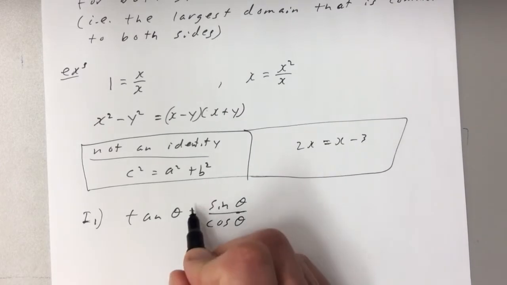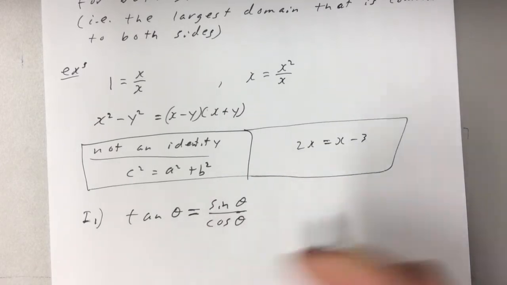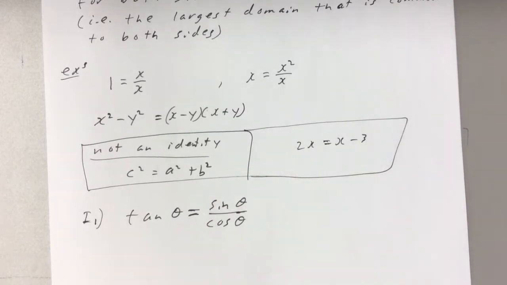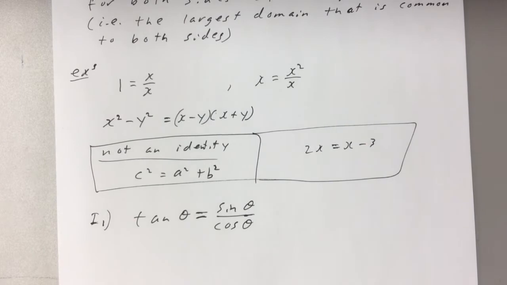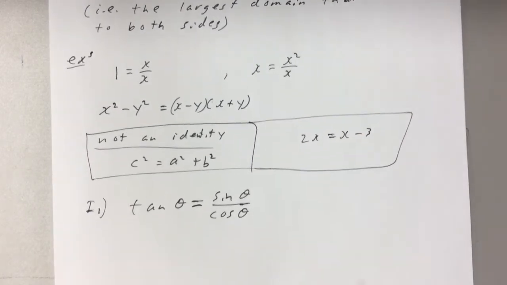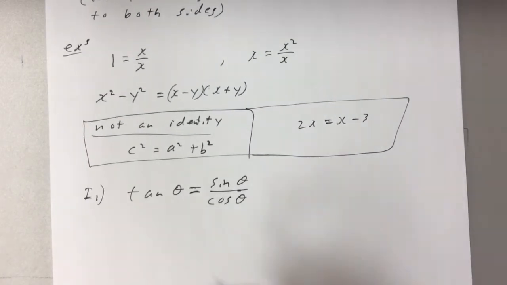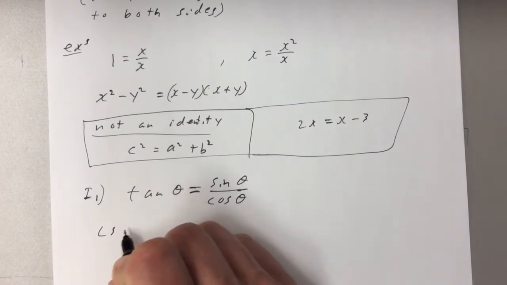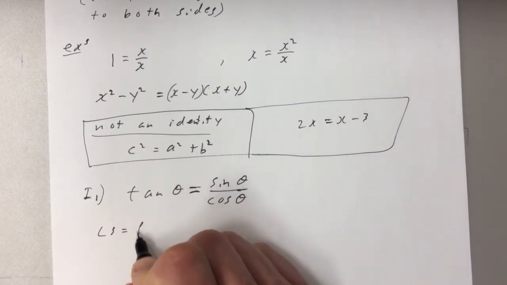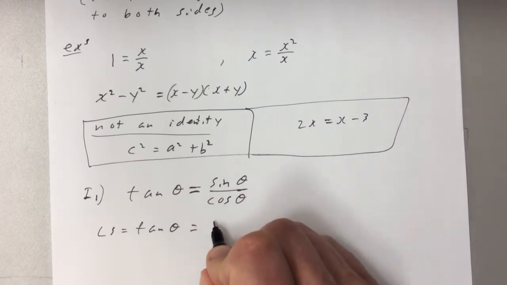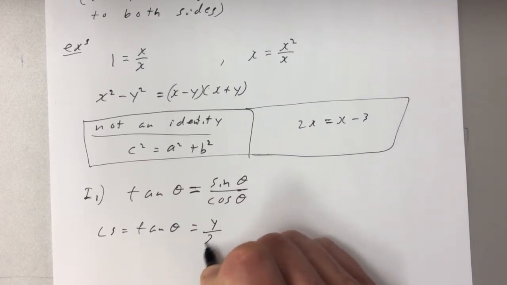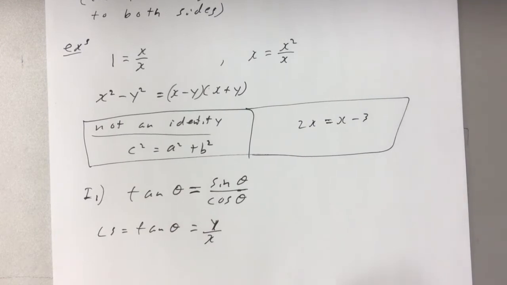So we're going to look at the left side and the right side, just like when you're doing a check for equations, you want to check the left side and the right side of the equation. Okay, so we're going to check the left side first. So left side equals tan theta, and we know the definition of that is y over x. Okay, so that's the left side.